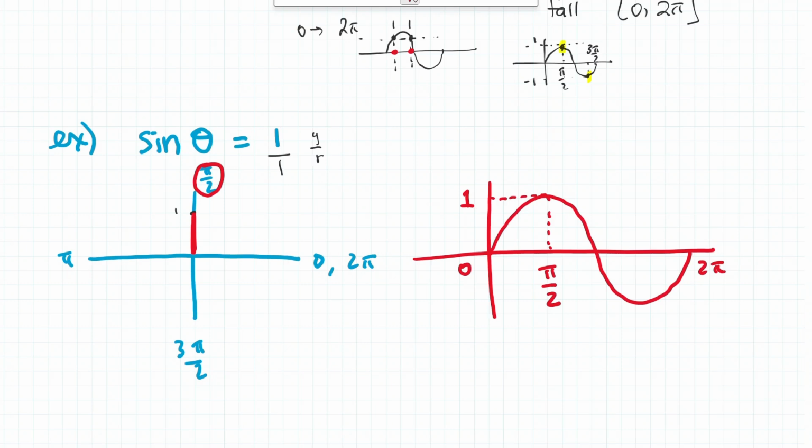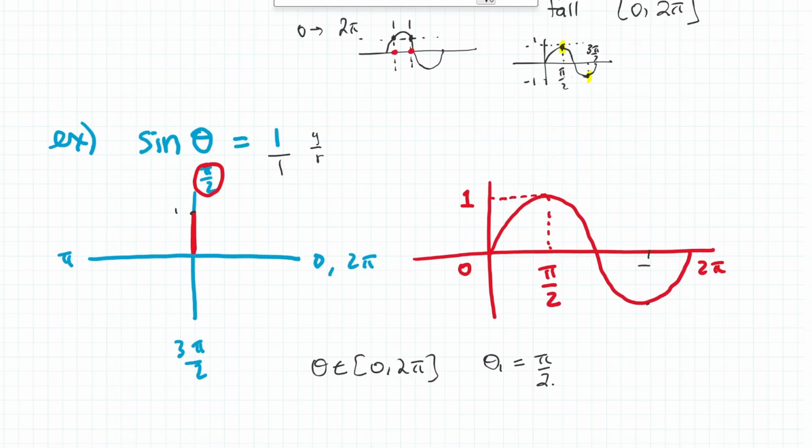So you would say even when theta is an element of 0 to 2 pi, you're only going to have one value for theta. So theta 1 will simply equal pi over 2, because there's no other time on this cycle when this happens. So again, if you ever get sine equals 1 or -1, it's always nice to check your graph.